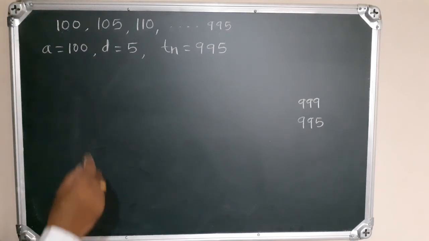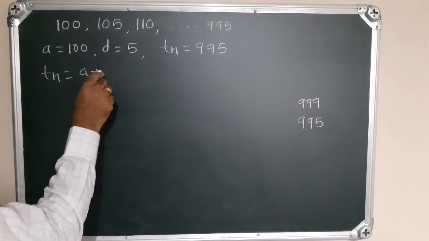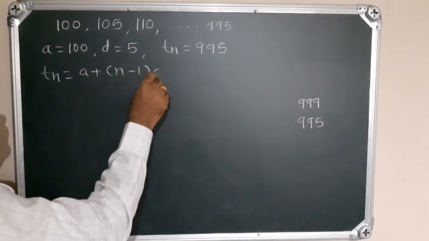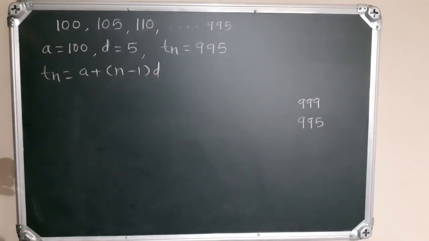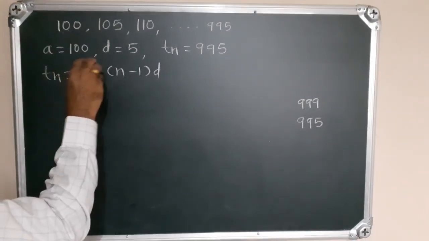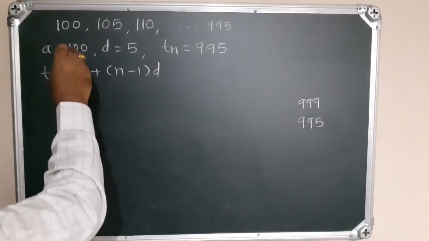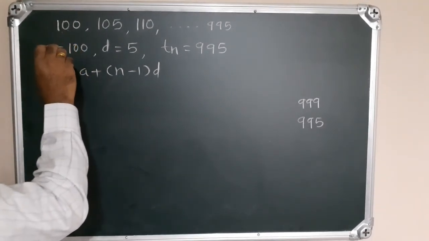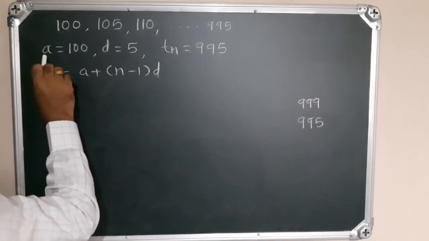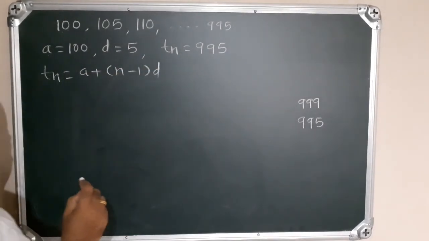Now use the formula Tn is equal to A plus n minus 1 into D. There are 4 unknowns: Tn, A, n and D. Out of that, 3 values are known, that is A, D and Tn. So we have to calculate n here.